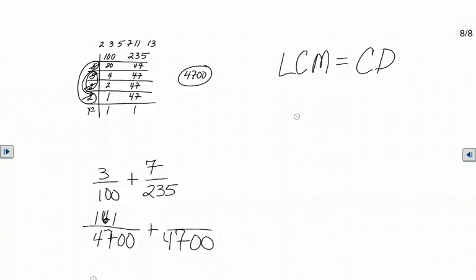Or 5 times. 20? Sure. Okay, I'm sorry, I must have got mixed up. Oh, I know why. This is 4,700, not 47. I'm sorry. 20 times. And 20 times 7 is what? 140. And now, what's 141 plus 140? 281.